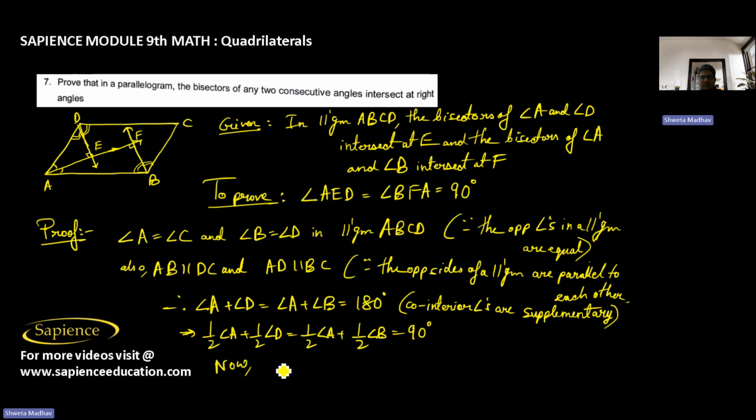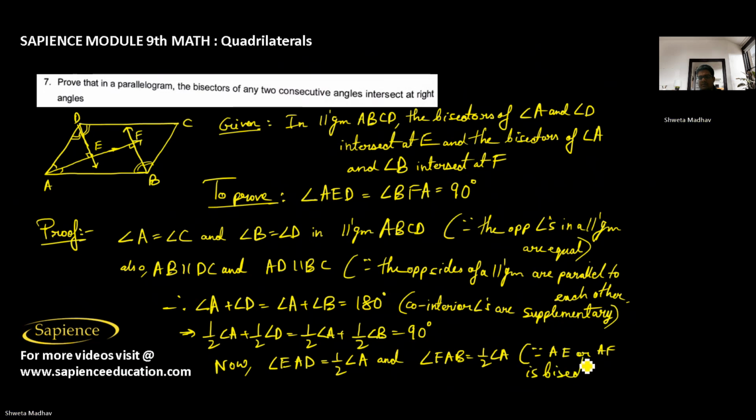Now here we can see that angle EAD is equal to half of angle A, and also angle FAB is also equal to half of angle A, since AE or AF is the bisector of angle A, which is given.